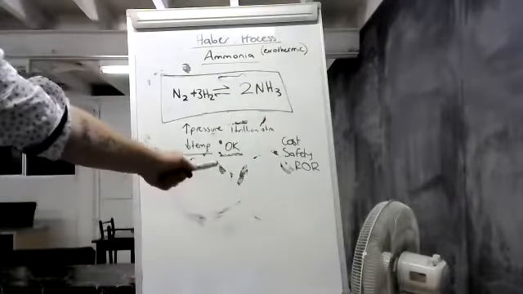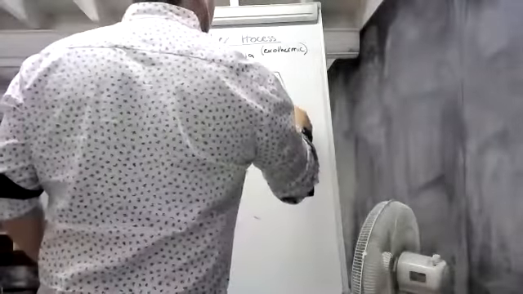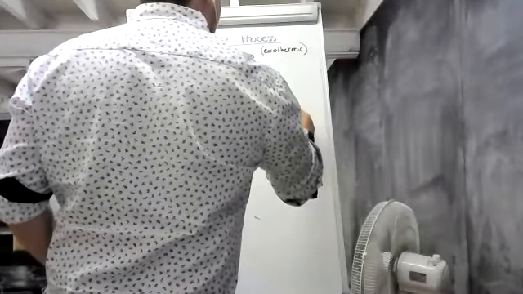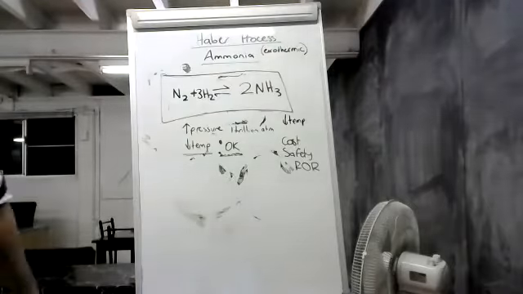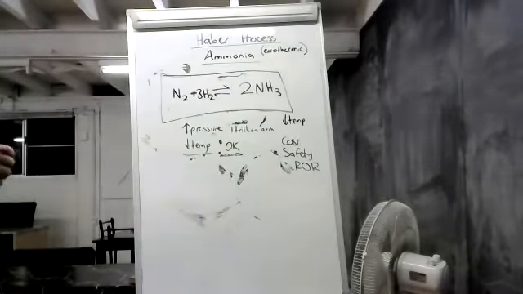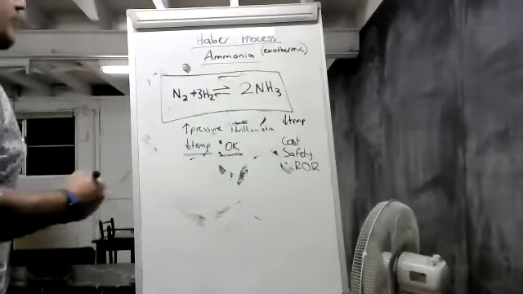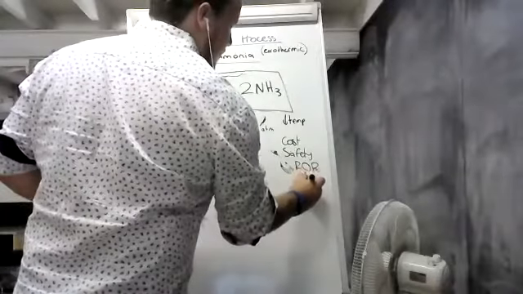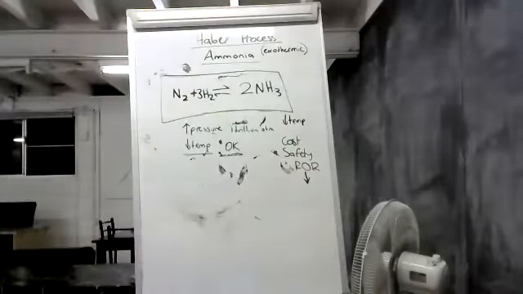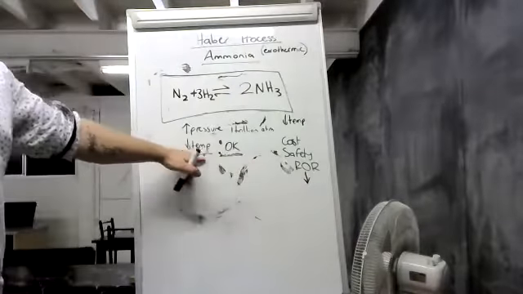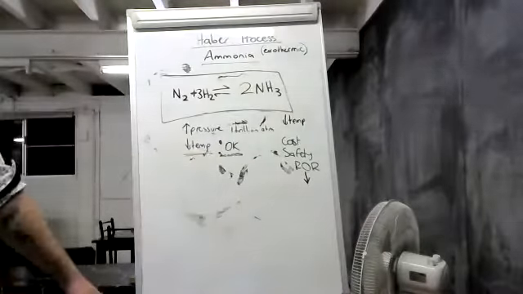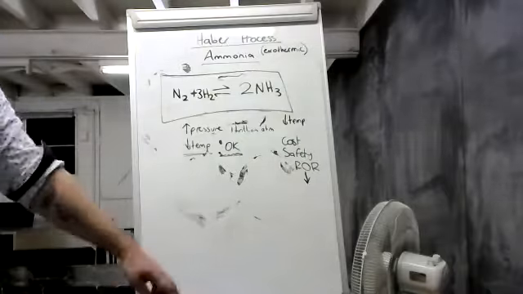What happens to the rate of reaction as we drop the temp? So the rate of reaction decreases. So if we drop the temperature too low, the rate of reaction will slow down and it will take too long to reach equilibrium.